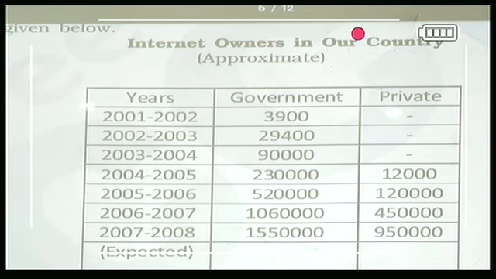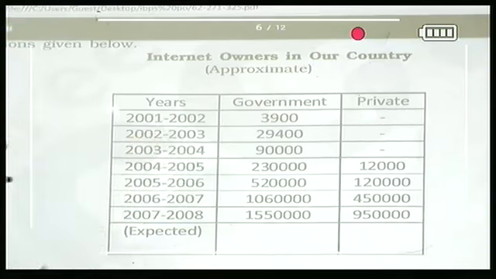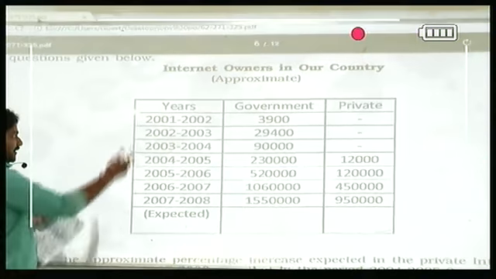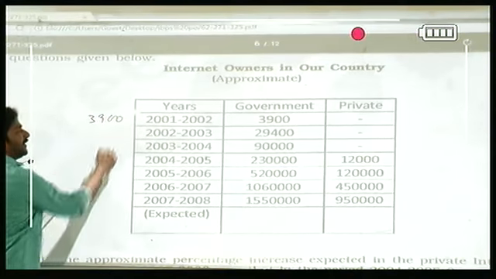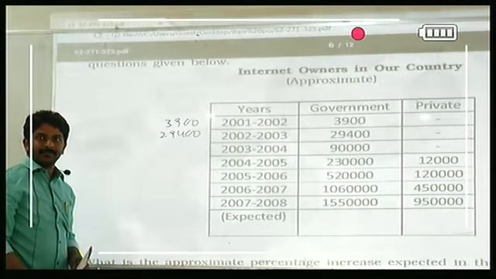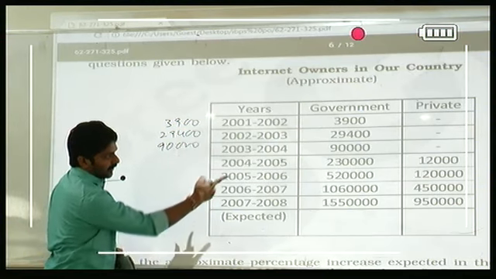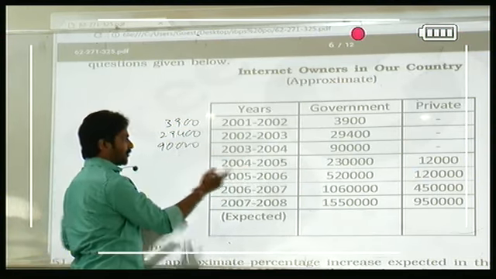None of these is given, so you have to calculate. Total users in 2001 and 2: this is 3,900, this is 29,400. Next one is 90,000. Next, 2,30,000 plus 12,000.